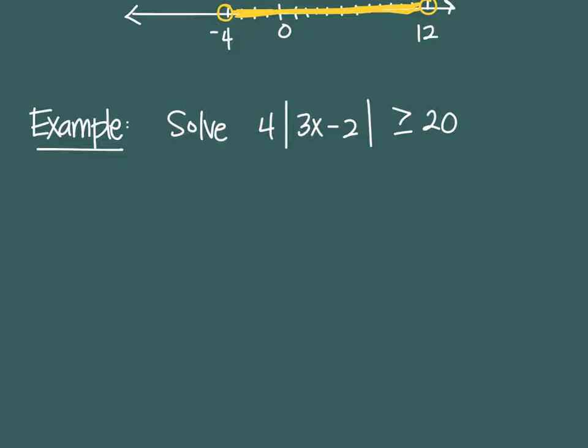So I've got an absolute value and an inequality to worry about. Let's worry about getting rid of the number 4. We're going to do that first. That's division. So we'll have 3x minus 2 is greater than or equal to the number 5. Now I'm going to take away those absolute values. When I do that, I'll have 3x minus 2 with a plus or minus now on the side with 5.